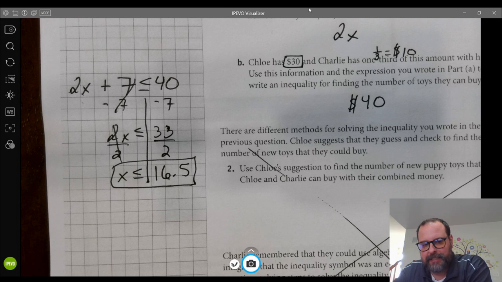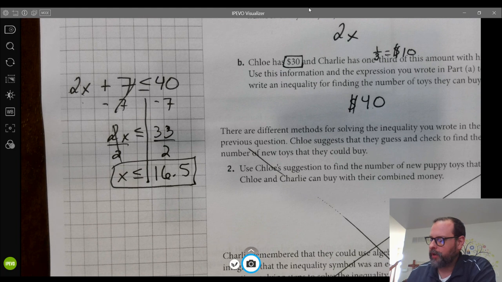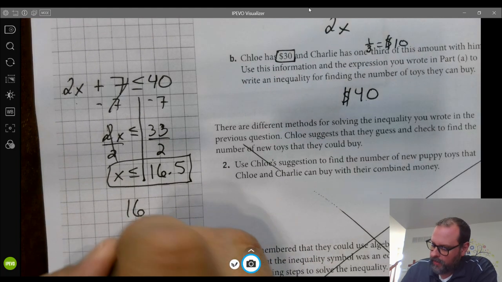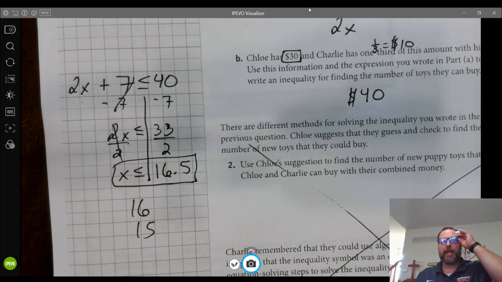But if you have 16 and a half toys you could buy, that's what X represented. Can you really buy half a toy? No. So if you're going to say, well, give me a number of toys you could buy, 16, you could buy 15, you could buy 14. You can't buy half a toy, even though in the solving of the equation, it tells you that.